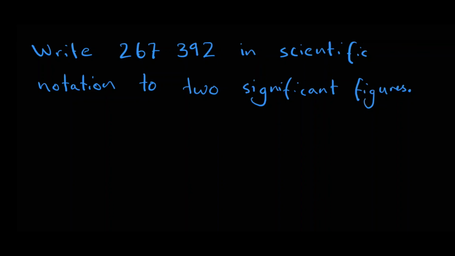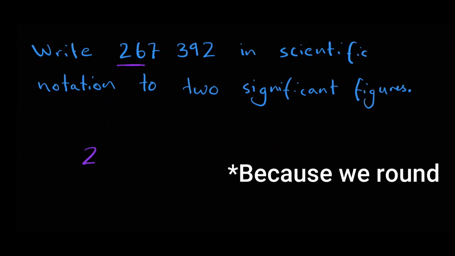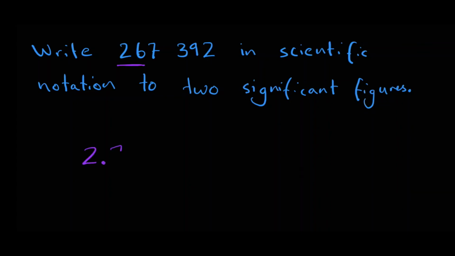Try this one for practice. Write 267,392 in scientific notation to 2 significant figures. So because it wants 2 significant figures, we look at the first 2 digits, so 2, 6, but because the number after the 6 is 5 or higher, it's 7, we actually use 2, 7, so we would write 2.7 times 10, and then we need to figure out the power.